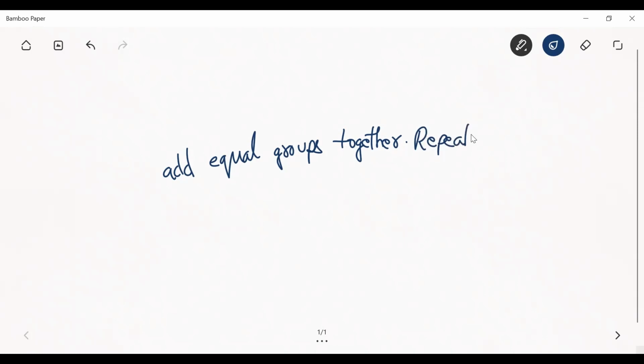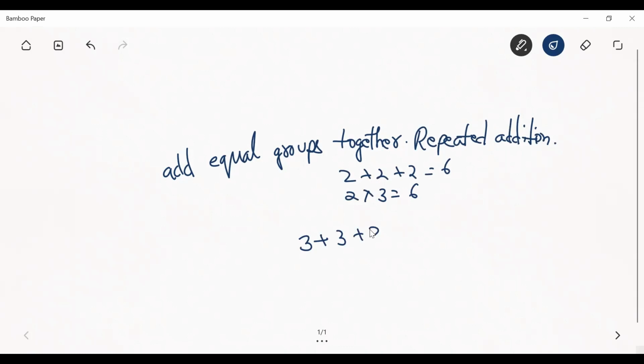Why repeated addition? Because we repeat the addition many times. So instead of repeating it, we will just multiply: 2 into 3, 6. Isn't it? 3 plus 3 plus 3, or 3 into 3, 9.